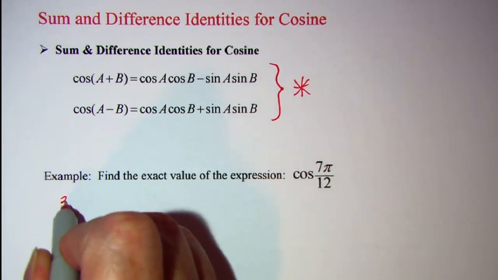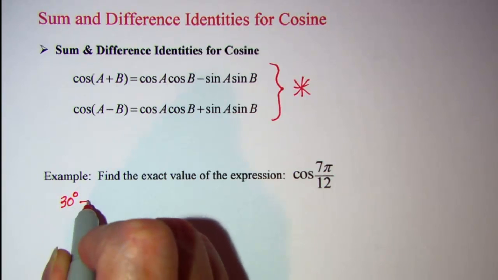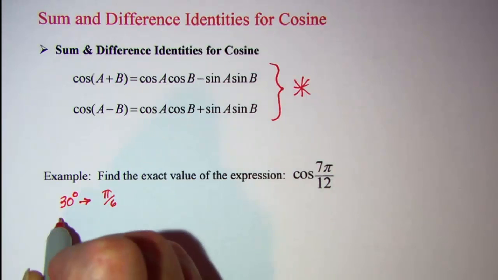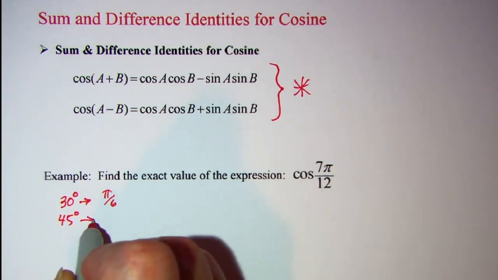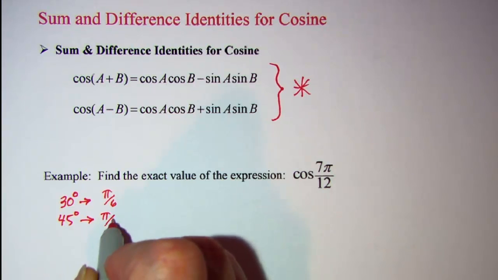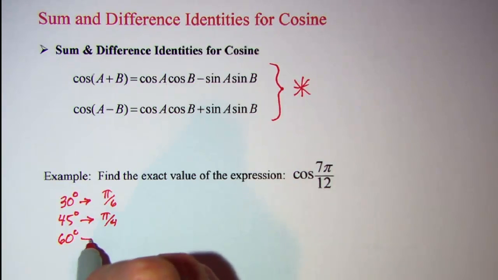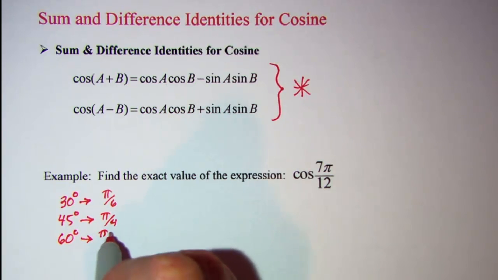We have a 30-degree angle, which we know is pi over 6. We have a 45-degree angle, which we know is pi over 4. And we have a 60-degree angle, which we know is pi over 3.